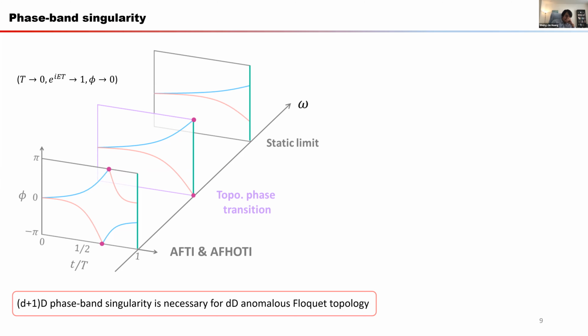I just have a quick question, to make sure I understand this phase band. You say that the variable t is more like a momentum in the Floquet. Yes. Could you elaborate on that?